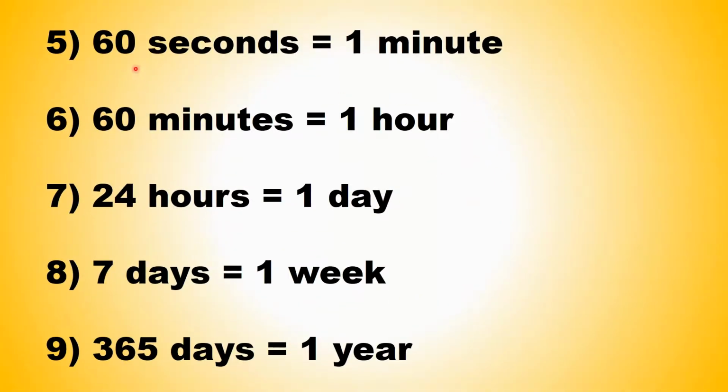Fifth, 60 seconds is equal to 1 minute. Sixth, 60 minutes is equal to 1 hour. Seventh, 24 hours is equal to 1 day. Eighth, 7 days is equal to 1 week. Ninth, 365 days is equal to 1 year.